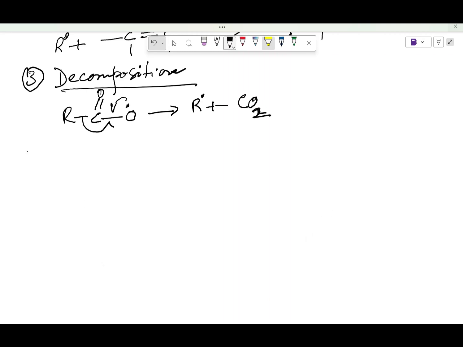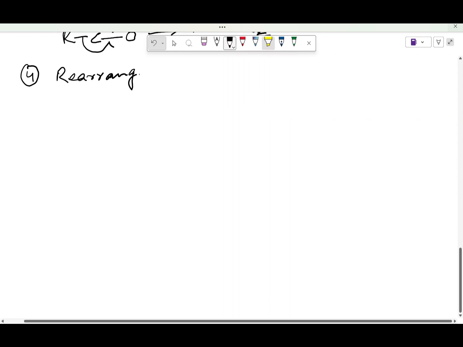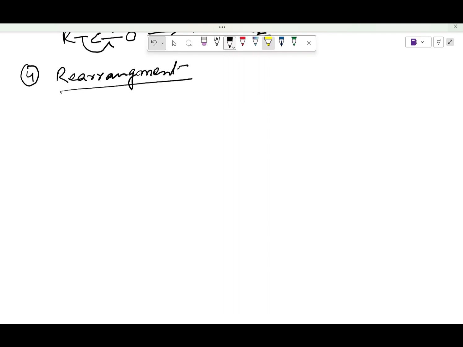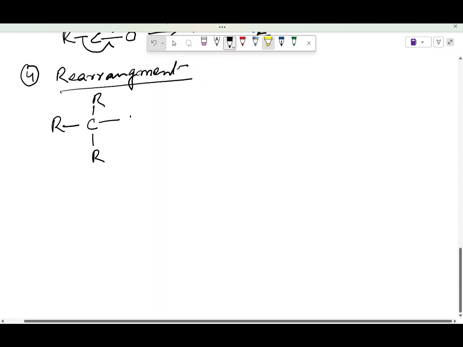And fourth, that is the important one, that is the rearrangement. It is very common in the free radical reactions. This is one type of free radical, you know, this one.